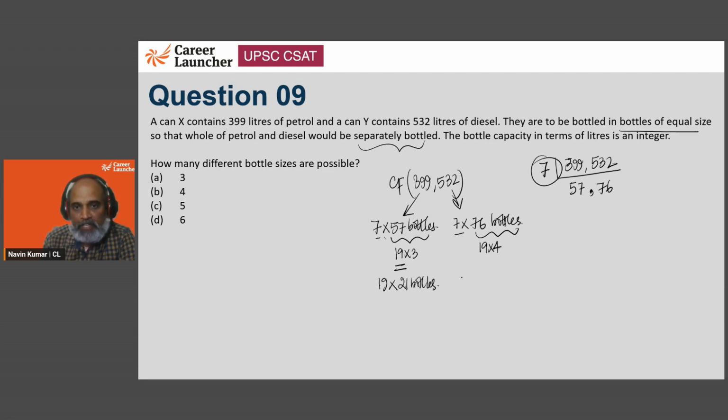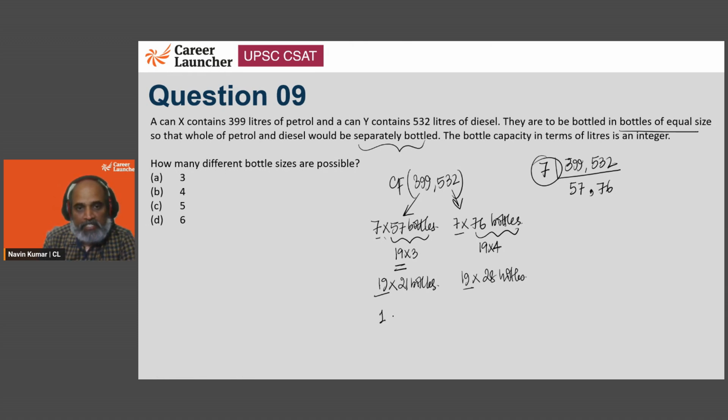And for the other one, we can again have 19-liter capacity, and 28 bottles required. So that is going to be there.